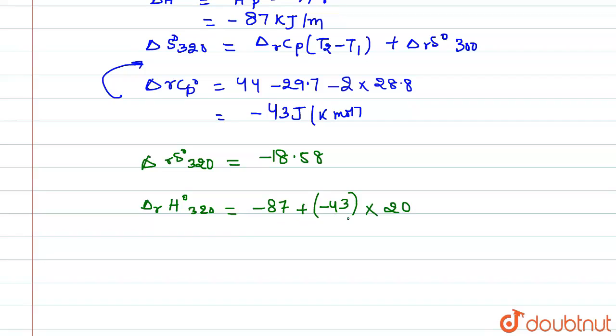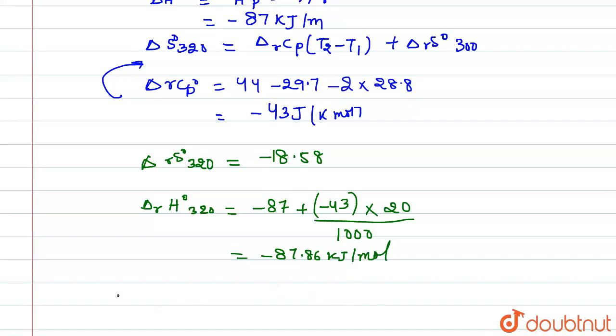And we are finally going to divide this by 1000 because it is in joule and we are finding the value in kilojoule. So this comes as minus 87.86 kilojoule per mole, right?